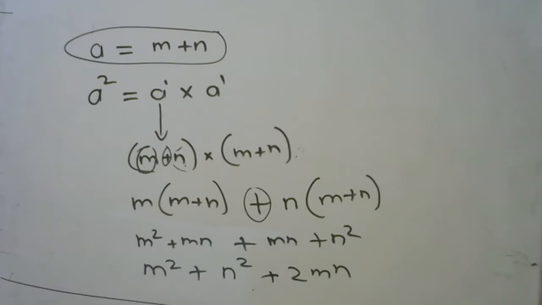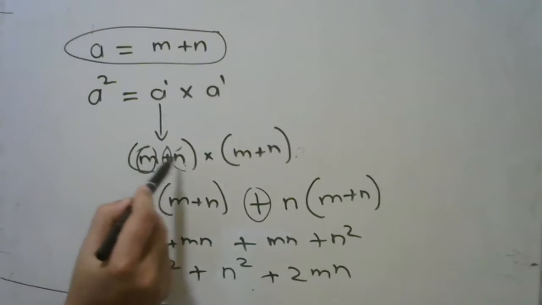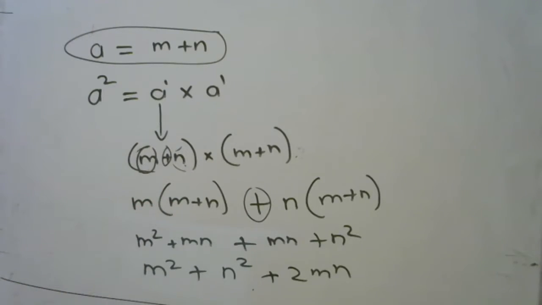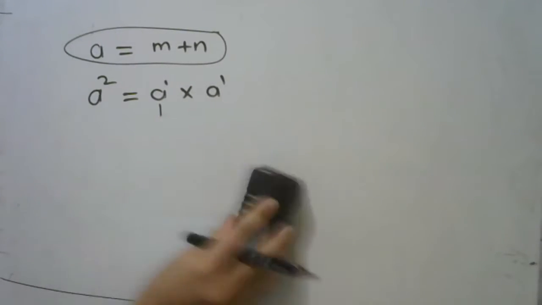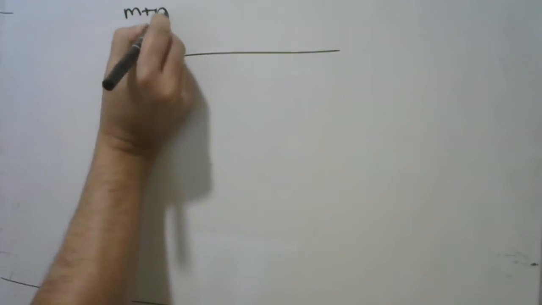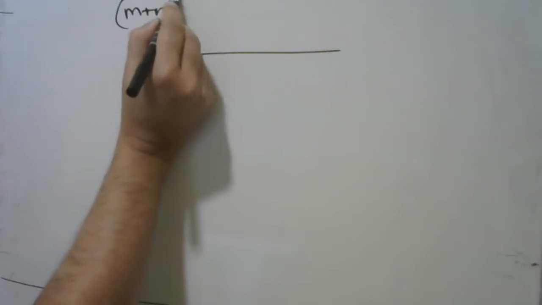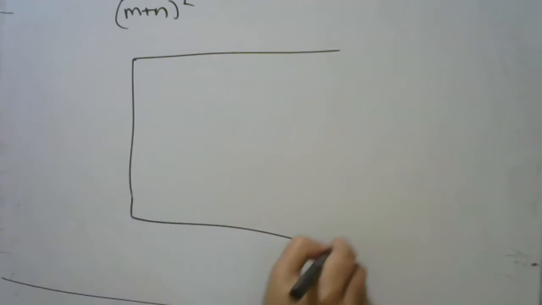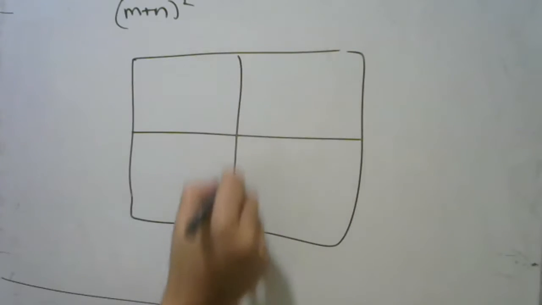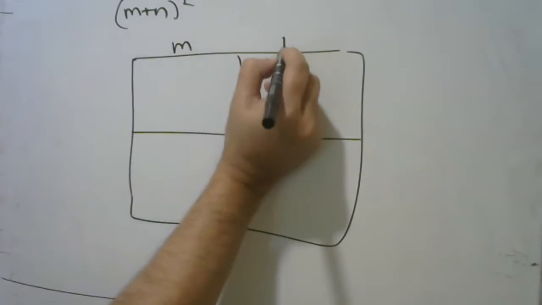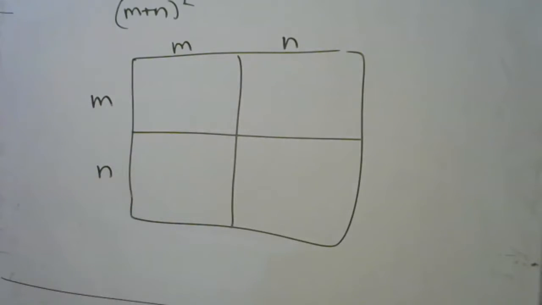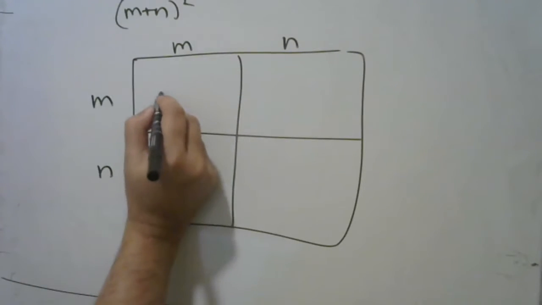Now we can express this in another way. You want to multiply m plus n by m plus n, right? So let's look at how we can put it in a little grid. So if you have to multiply m plus n all squared, draw a grid. Let this be m, n, m, n. So m by m, m squared.